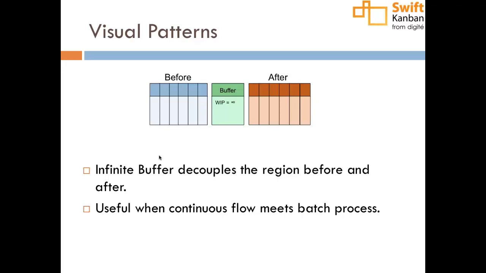So infinite buffer is a place where, at the interface, the continuous part of the flow meets the batch process of the flow. And you may still want to put some WIPs there to make sure you're not accumulating infinitely and so on. But the concept of infinite is applicable in those cases.